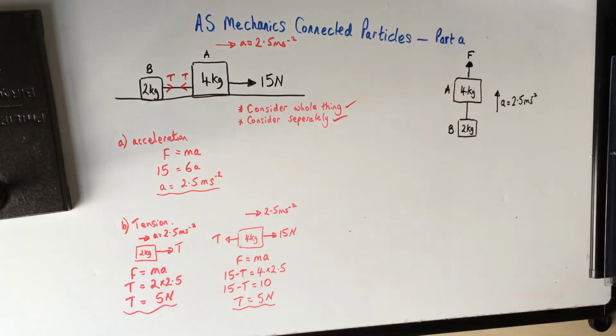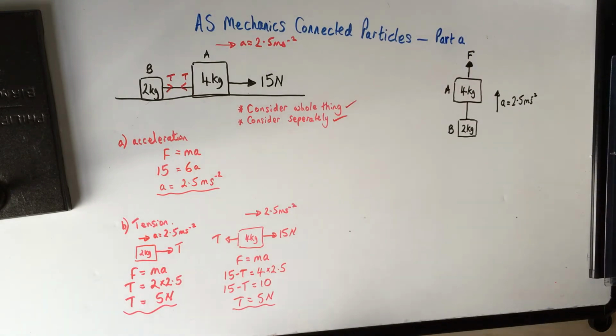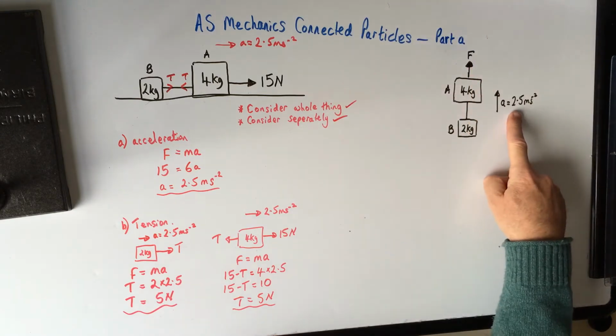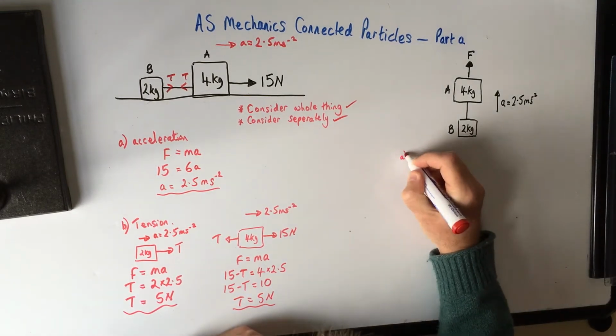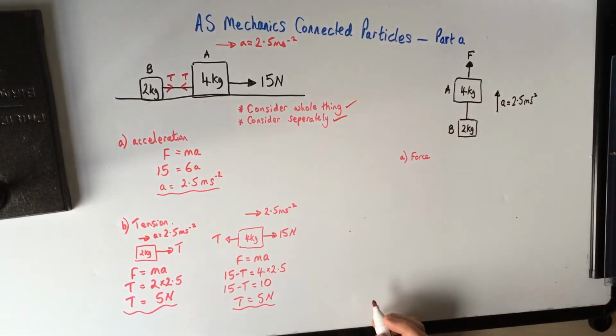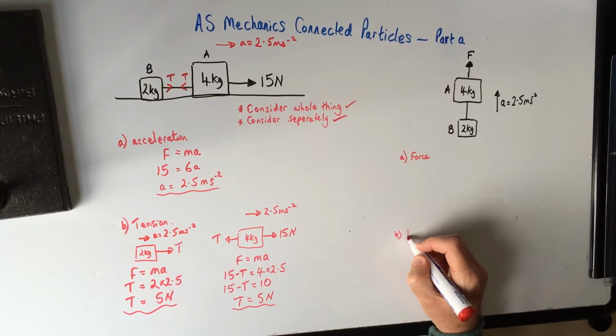So it's going to now accelerate up by a force that we're pulling it with. Now we've got tension in the string here, and we've got a force that's pulling it up at this particular acceleration. So this time I want us to find A, the force that would pull it up at this acceleration, and B, the tension again.